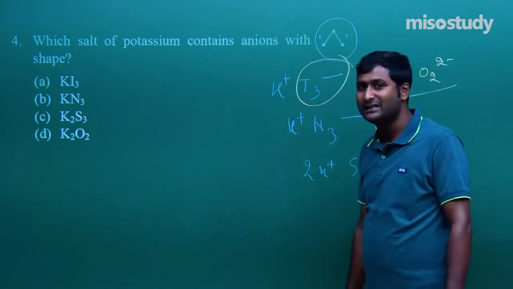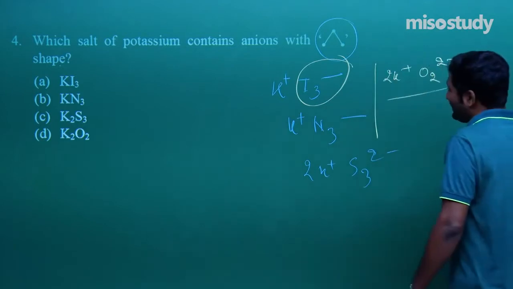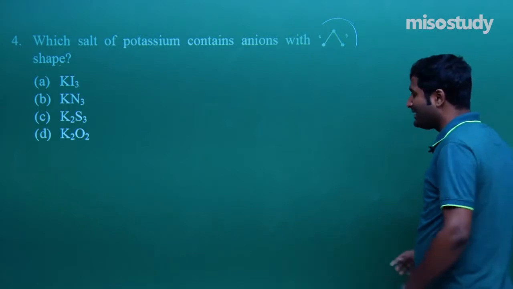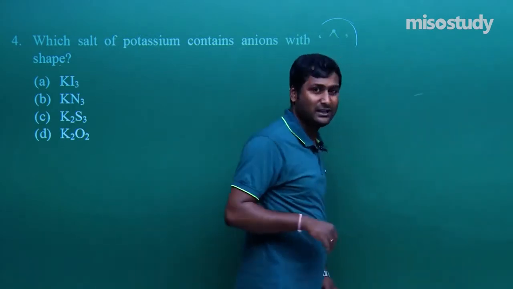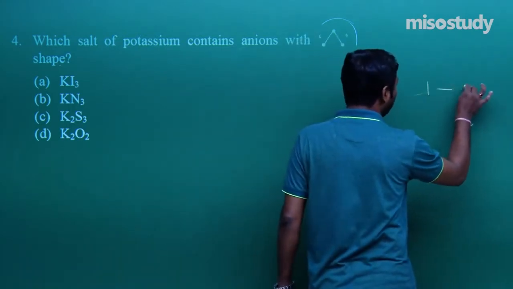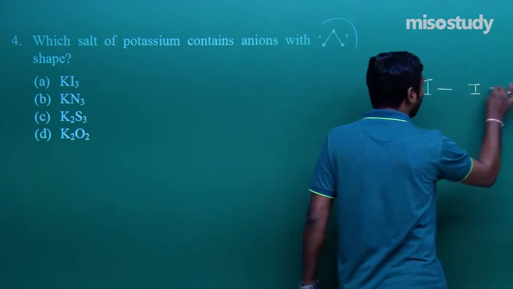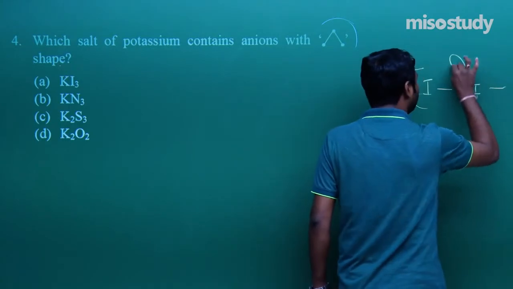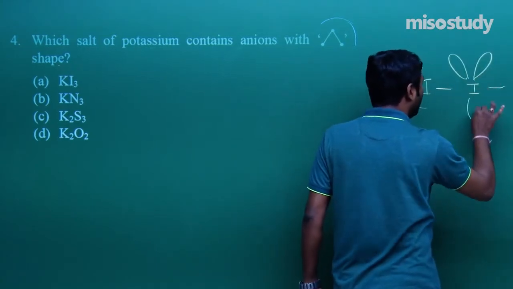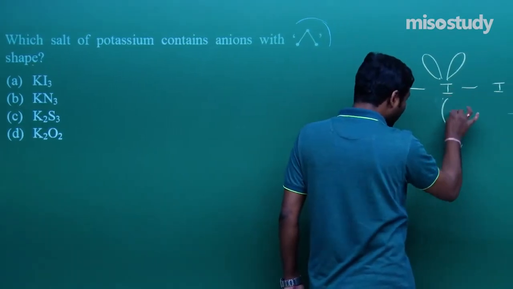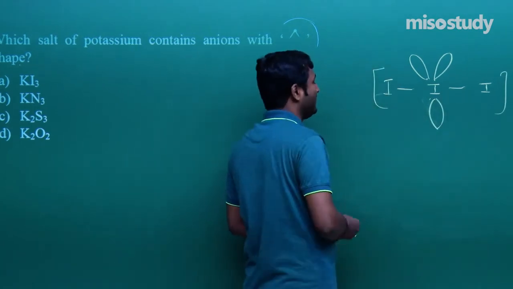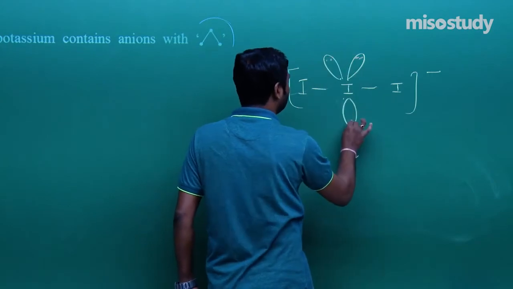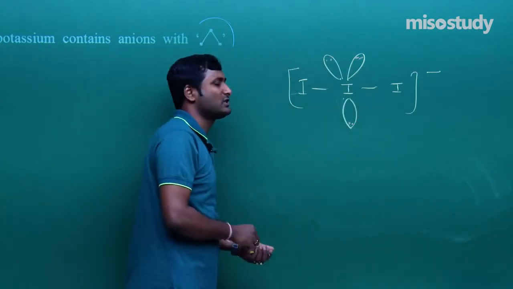If there is I3 minus, then tell me friend, it's your turn. Sir, it's so easy. If I talk about I3 minus, the structure is I, then here is I, that is the minus sign. This one contains lone pairs. There is a question from this topic in JEE Main 2018. Clear to you? This is the structure.